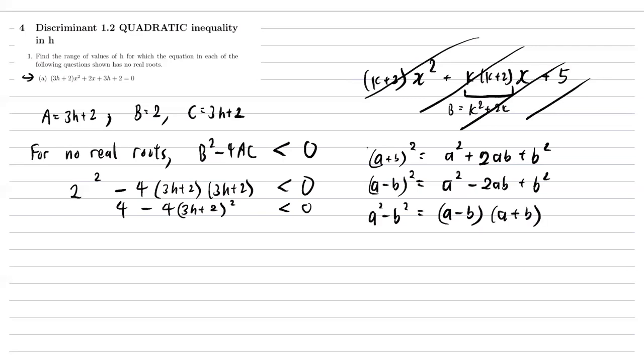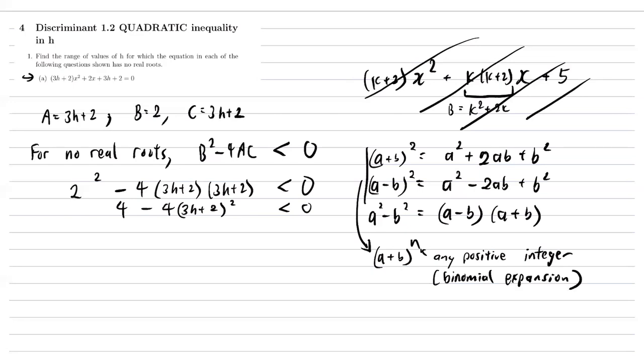In the future in A-Math, you will learn how to expand a plus b to the power of n, n is any positive integer. It's called binomial expansion. For A-Math, positive integer. Okay, I won't talk more about it, but just need to know these three for now.